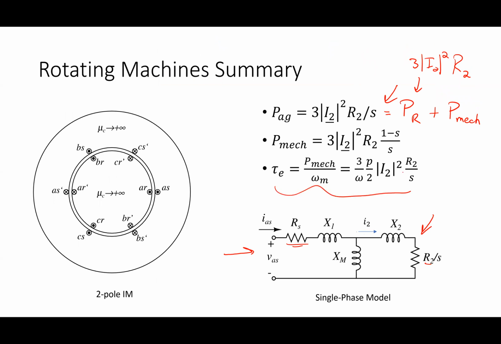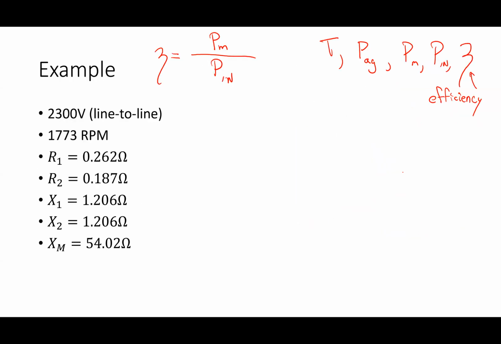In other words, what's the current in that secondary winding on the rotor side? Well, I'm going to need IAS to get to I2, so I've got to do circuit analysis. But to even do the circuit analysis, I need to know the slip. I need to know what that slip value is, which means I've got to start looking at the speed stuff first.